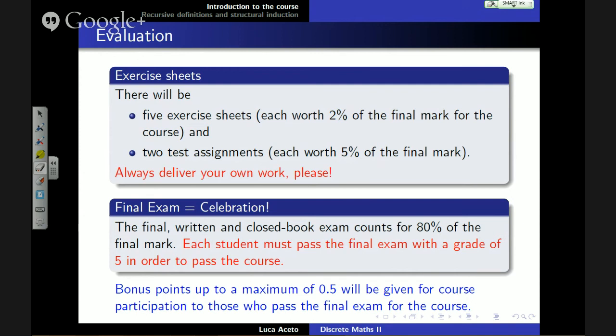And the reason why I want you to work independently and to take responsibility is because if you do that, the final exam is not an exam. It's a celebration of your own learning. If you can tick all the "I should be able to do this" items in the learning outcomes, if you do the work, the exam is a piece of cake, because you know the stuff in the course.